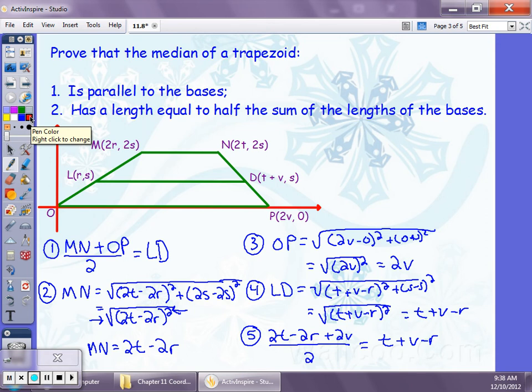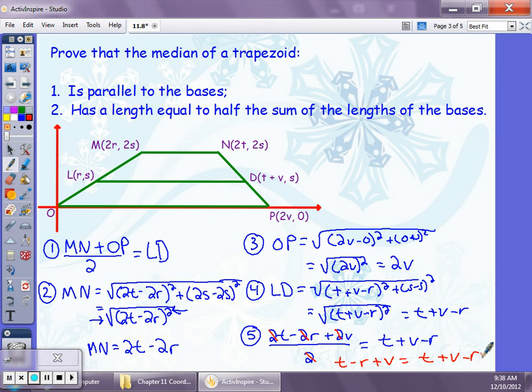So if we divide out a 2, which is the same thing as canceling them out, we're going to get that T minus R plus V does equal T plus V minus R. So we have now proved that the median of a trapezoid has a length equal to half the sum of the lengths of the bases.